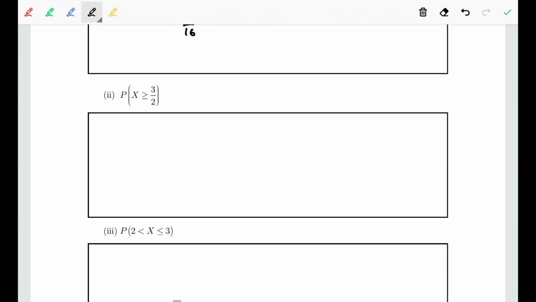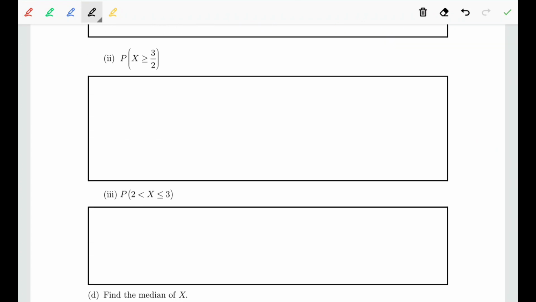Then we go for the second one, P(X greater than or equal to 3 over 2). The question asks for the greater sign. In order to use the capital letter F, which is the CDF, we have to make some rearrangement.